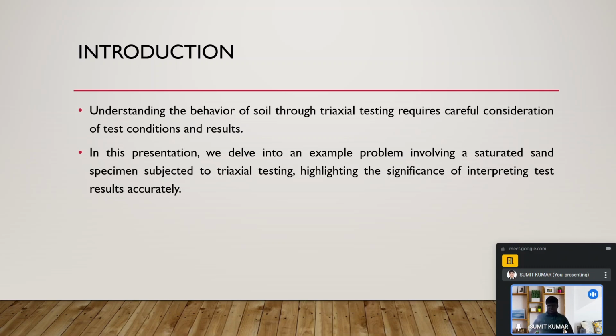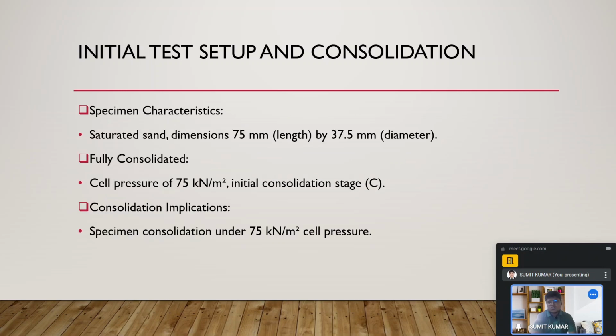In this presentation, we delve into an example problem involving a saturated sand specimen subjected to triaxial testing, highlighting the significance of interpreting test results accurately. The specimen characteristics are in the problem statement which is discussed during the class as well.